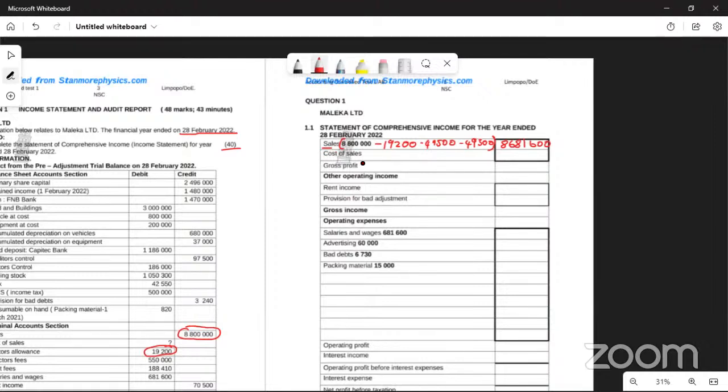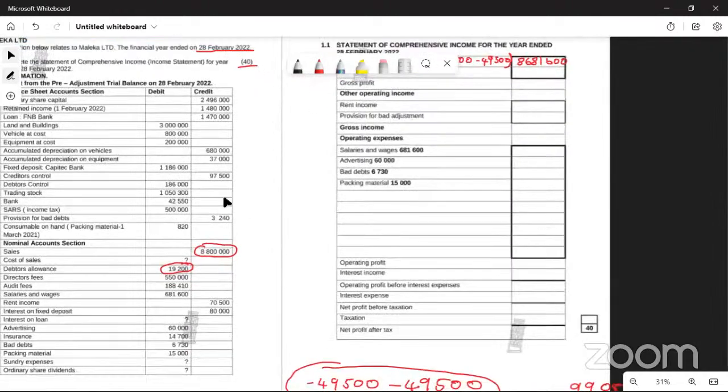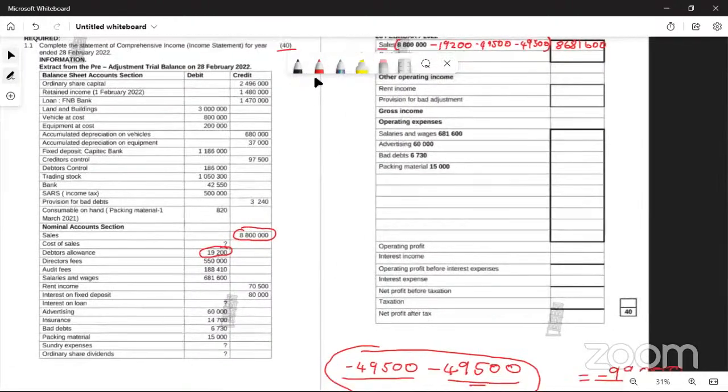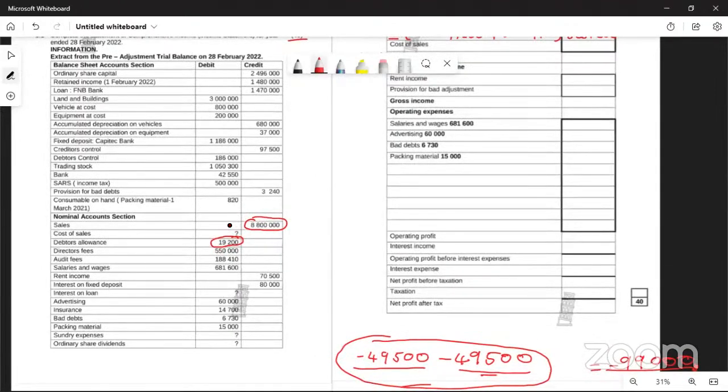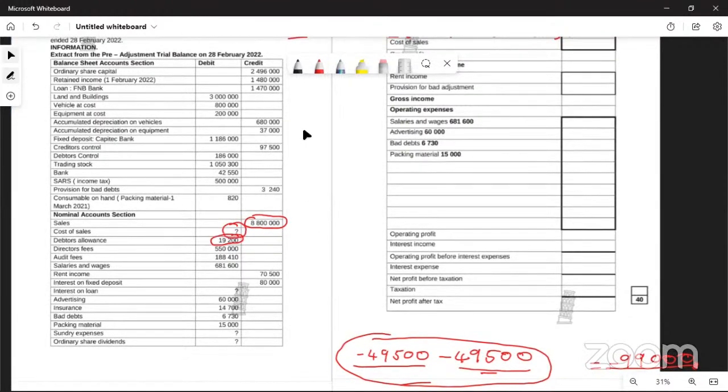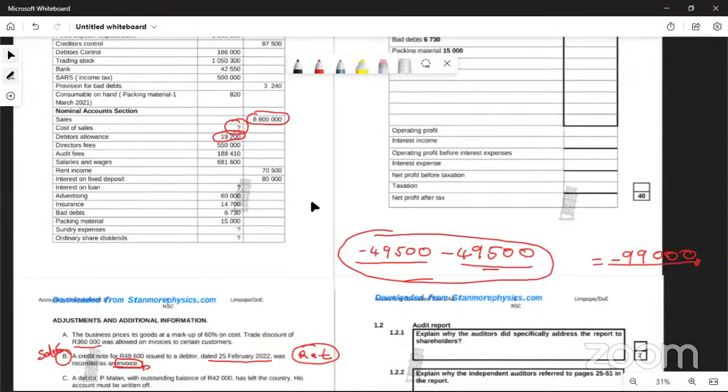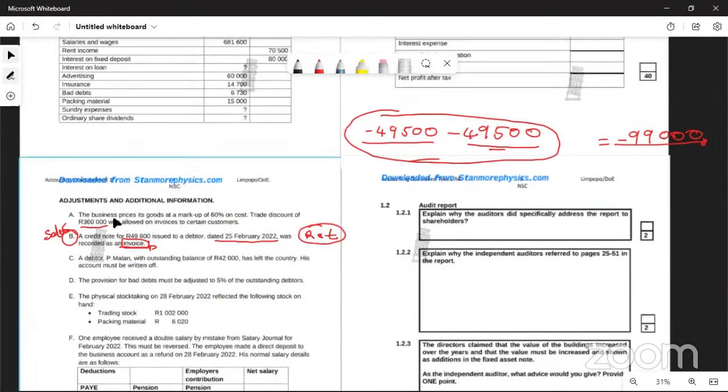Okay, let's go back to the question again here. We have cost of sales. Now the question around the cost of sales: what are we given regarding the cost of sales? We are given a question mark over here for the cost of sales. Okay, and also let's see, is there anything said about the cost of sales?